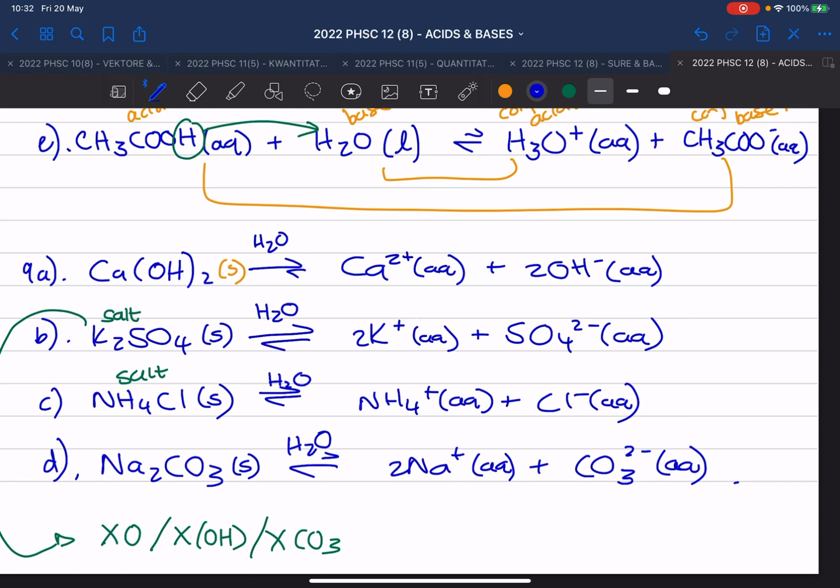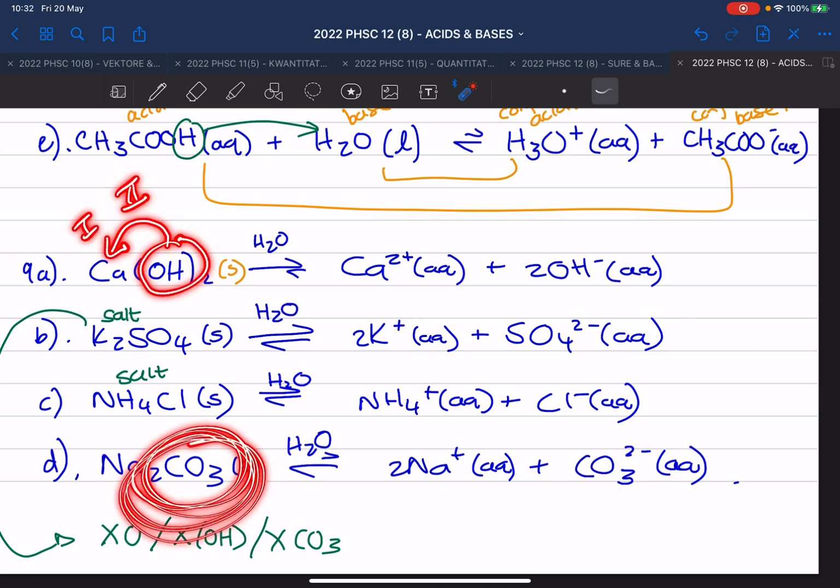What did I say is a strong base? That's why you guys must make notes when I speak. I said it's an OH bonded to group 1 or group 2 elements. Do you see an OH there? No. Weak.